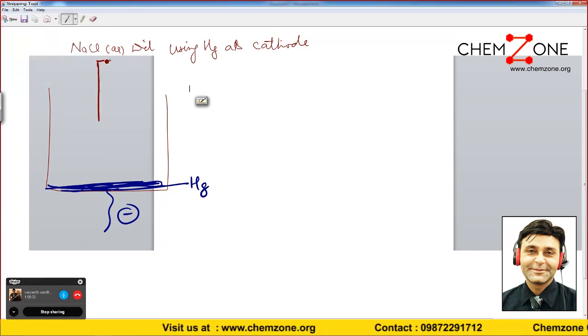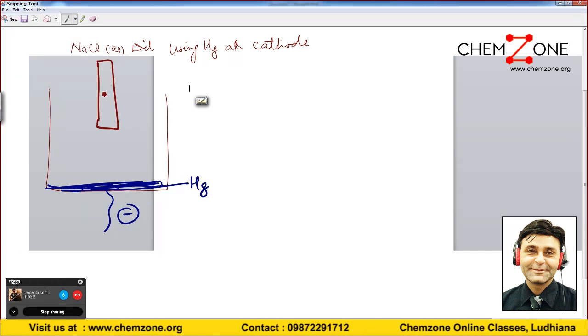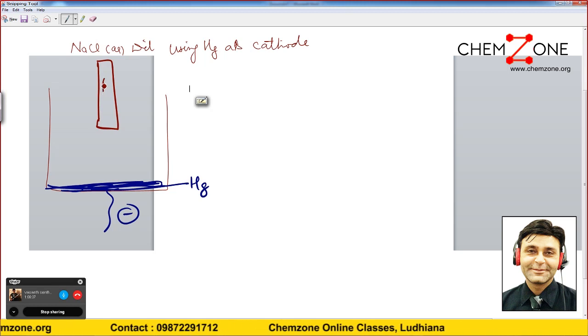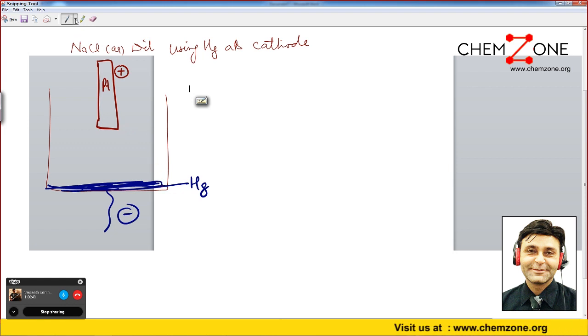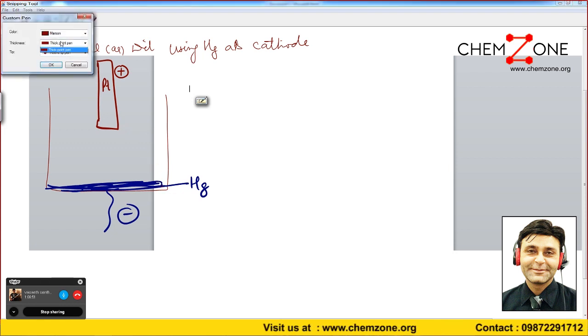And make an anode here of platinum. We can't make a standing or suspended electrode on the mercury, so it's at the bottom of the container.